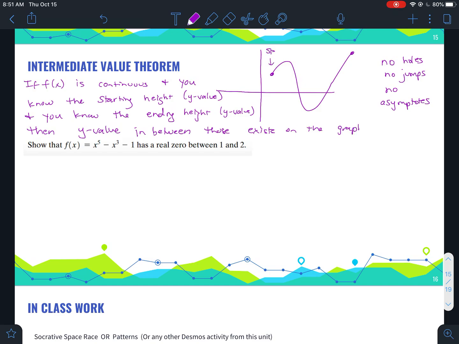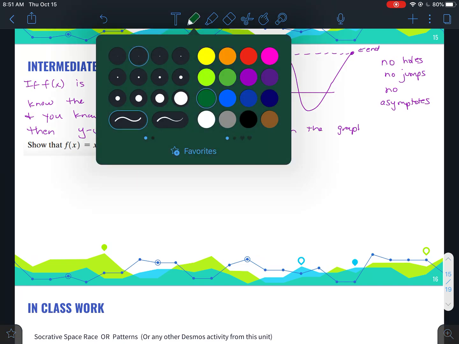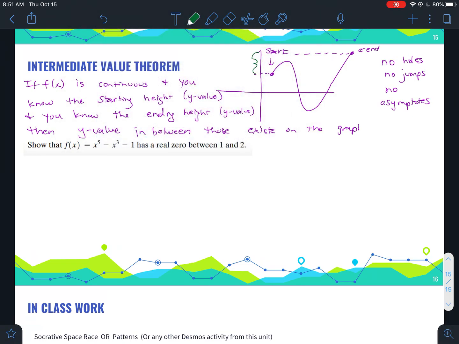Right? So this is my starting height, and this is my ending height. I know that all of the y values in between those are going to exist on the graph. So notice they exist here, here, here, here, and then here, here, here, here, here. So all of those y values are going to exist on the graph.